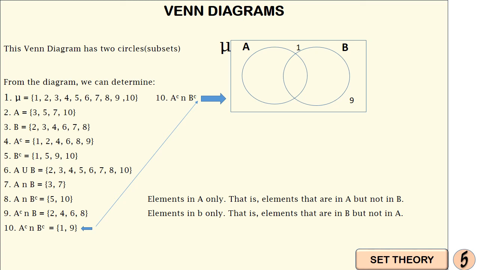Finally, A complement intersection B complement are elements that are not in A and at the same time are not in B. Those elements are outside the circles but inside the rectangle. These elements are 1 and 9.